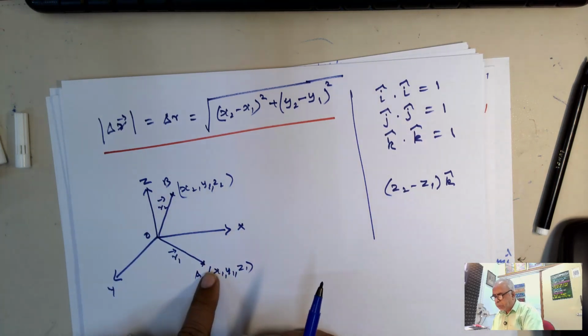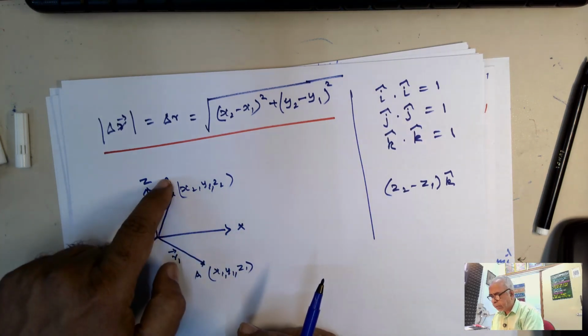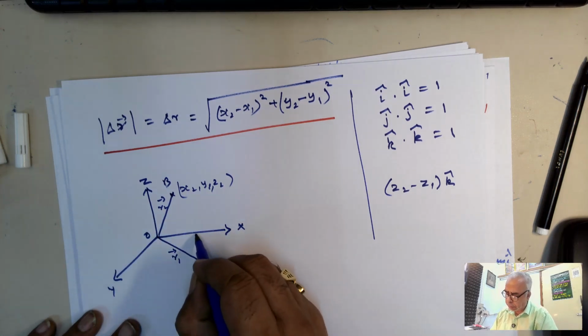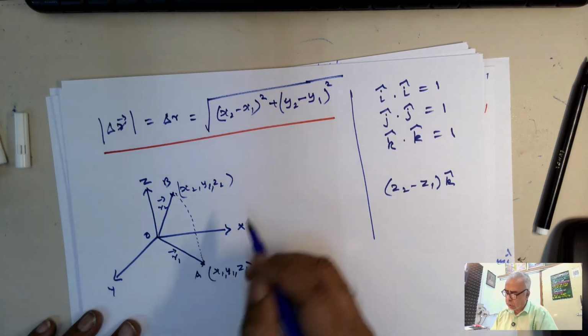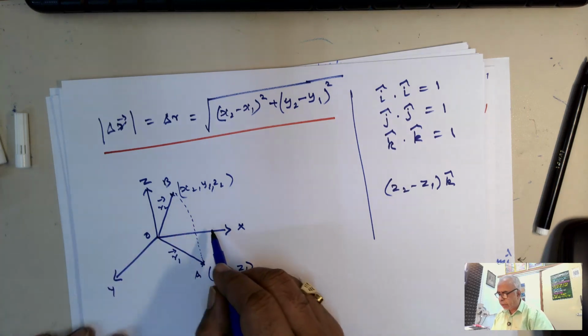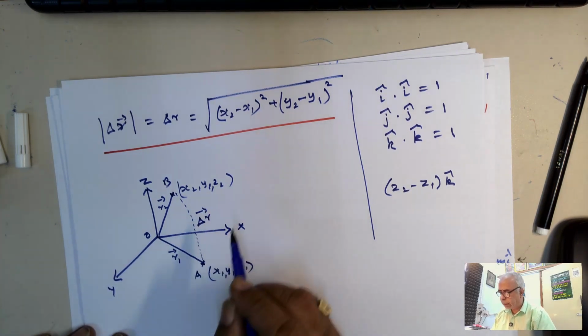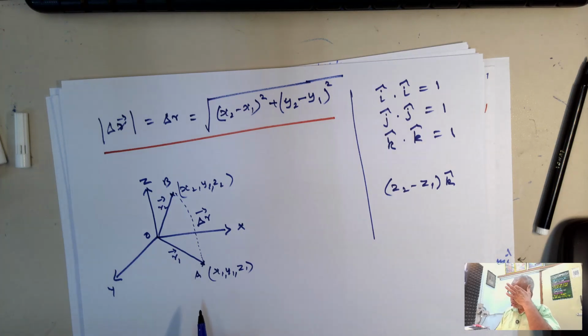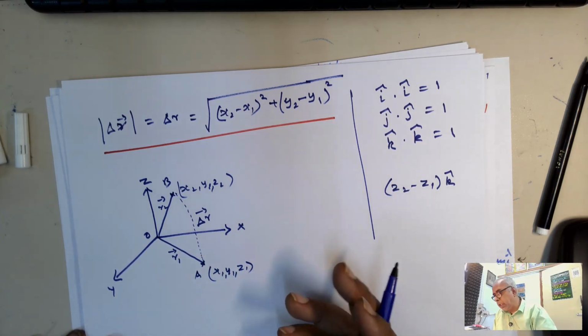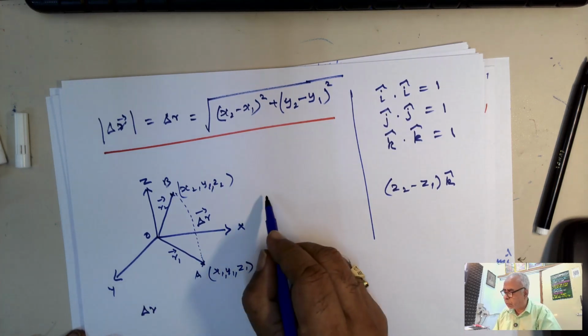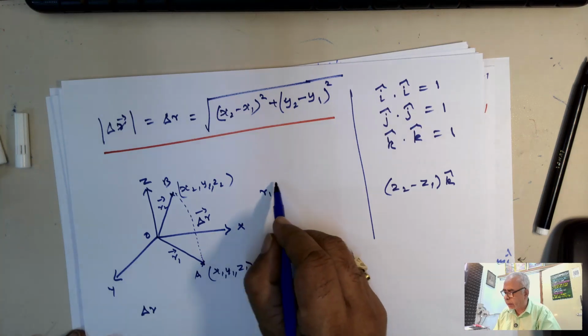Now this mosquito is flying to that position. So it means we are interested to find out this delta R vector initially. So how to represent this one? We have to involve all the three components. Before that, you must put what is R1 vector.